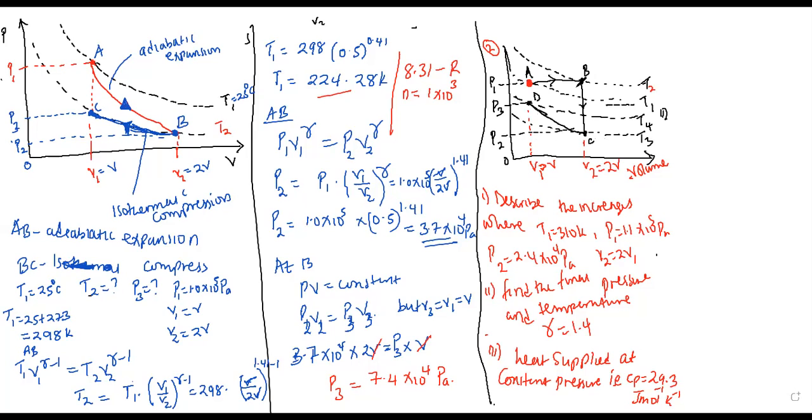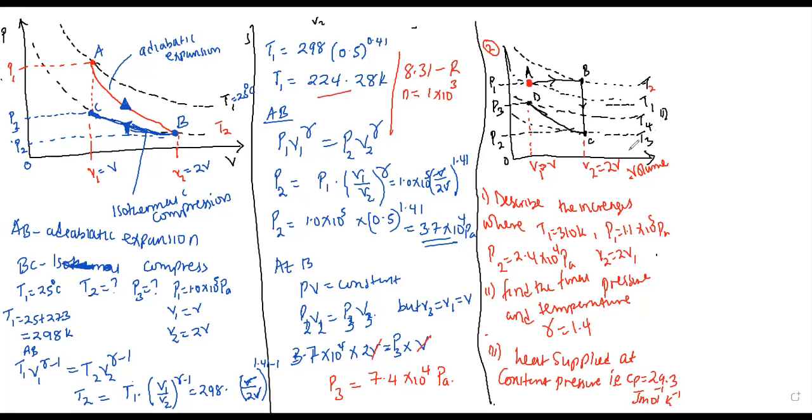Then at that instant, it undergoes an isovolumetric process. Isovolumetric means it has a constant volume. So it undergoes an isovolumetric process to come down to C, and the temperature would fall to temperature T3.